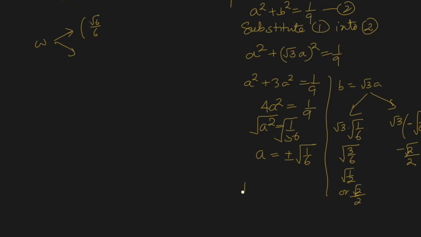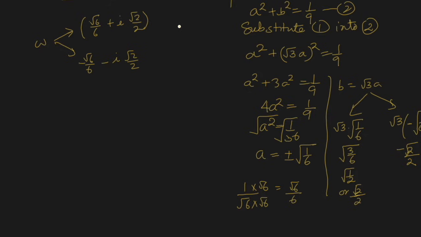Square root of 1 is 1, square root of 6 is square root 6, and then I multiply here square root 6 and square root 6. So I get square root 6 over 6, and that's what I've written here, plus i square root 2 over 2 positive. Second one, square root 6 over 6 negative, minus i square root 2 over 2.